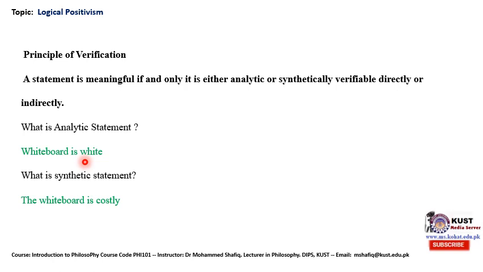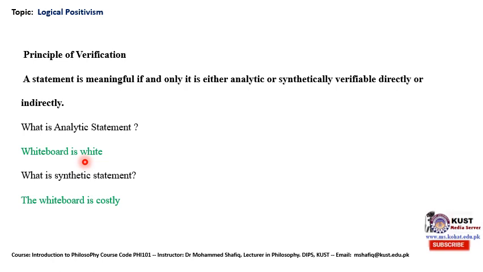A bicycle has two wheels, or in geometry we can say a triangle is a geometrical shape that has three angles.